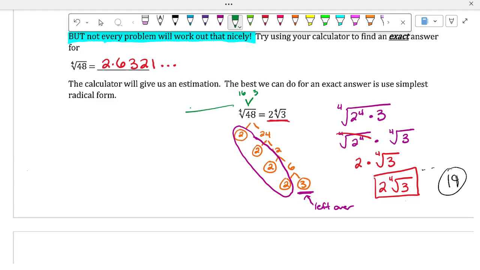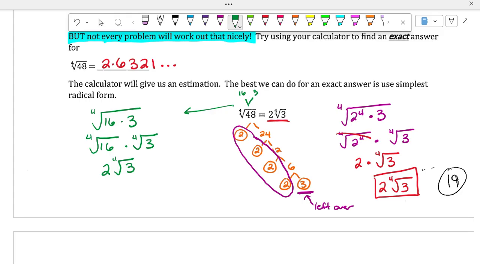I could rewrite this as the fourth root of 16 times 3. Fourth root of 16 times the fourth root of 3. What's the fourth root of 16? 4. Not 4, that's the square root of 16. Fourth root of 16 is 2. Fourth root of 3. So you still get the exact same thing. It's really whichever method you prefer.